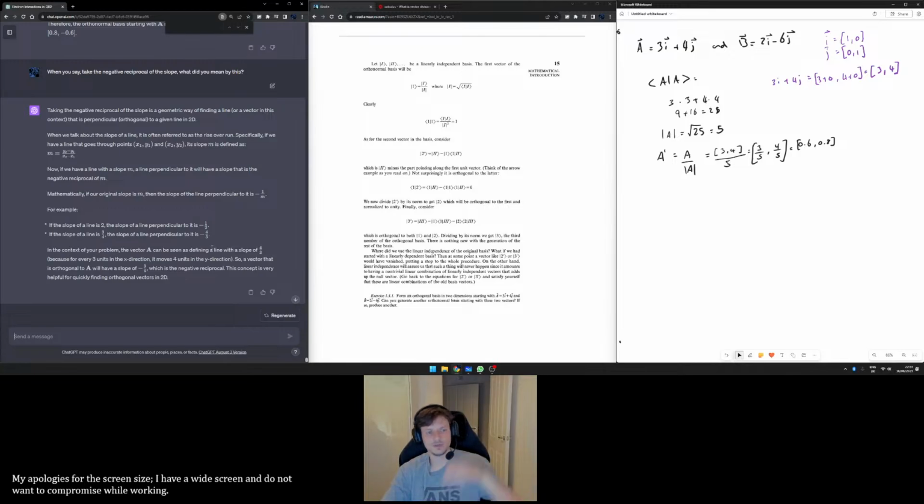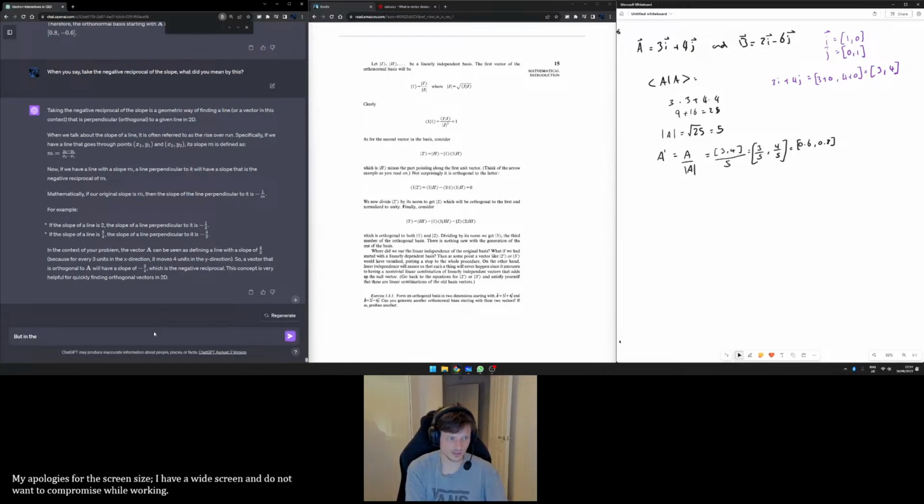In the context of your problem, the vector A defines a line with a slope of 4 over 3, because for every 3 units in the x direction it moves 4 units in the y direction. So a vector orthogonal to A will have a slope of minus 3 over 4, which is the negative reciprocal. This context is very helpful.